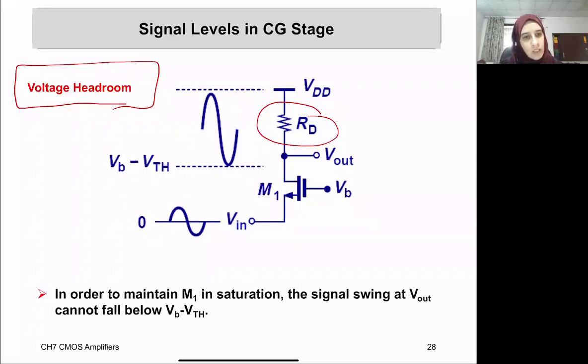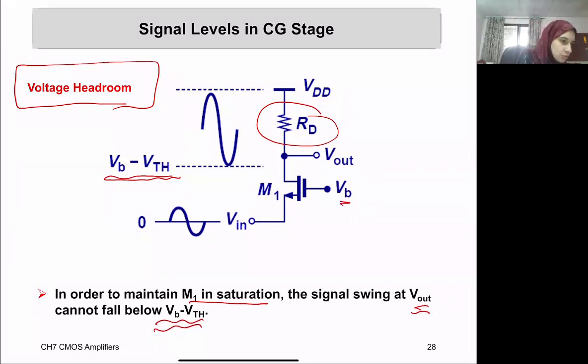And if we have a larger RD, we risk the voltage dropping, because a larger voltage drop will be seen across RD, and this might make our transistor leave the saturation region. So to maintain M1 in saturation, the V out should not fall below V bias minus V threshold.